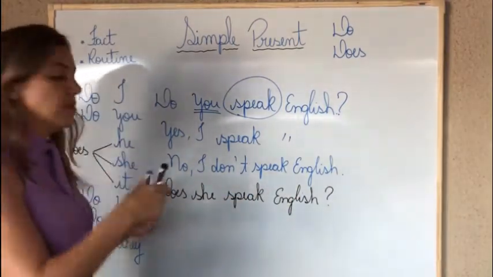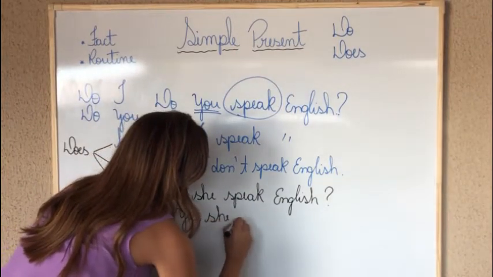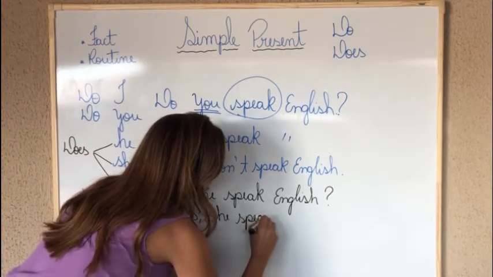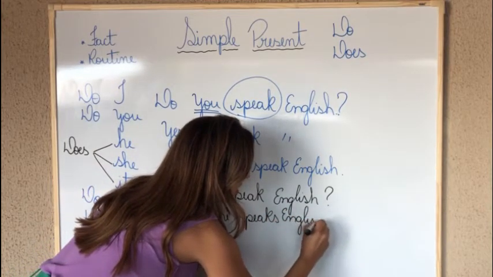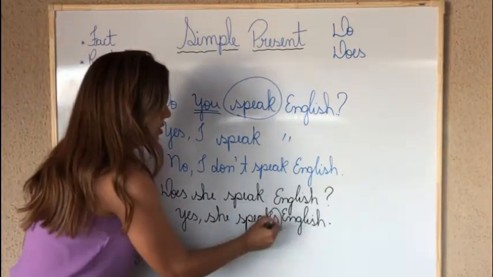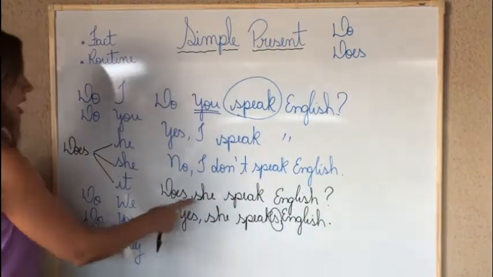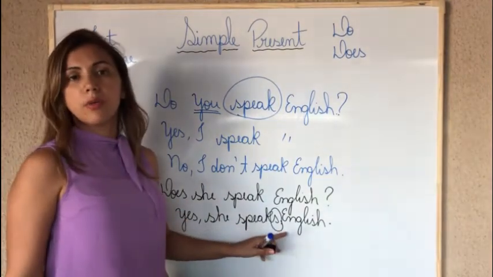Let's answer in affirmative. Yes, she speaks English. Okay. Teacher, why did I use s here? Because in affirmative sentences for he, she, or it, I use s in the verb, okay?